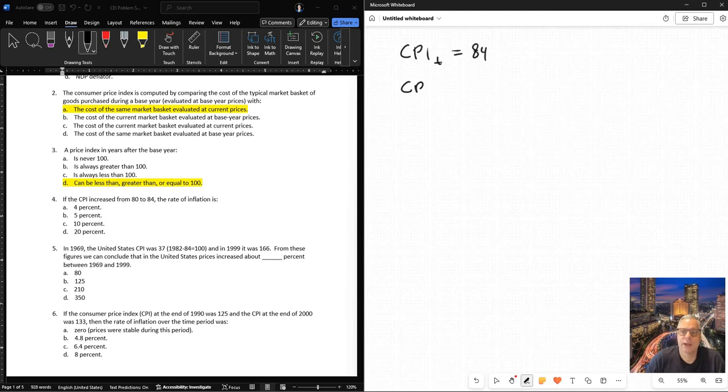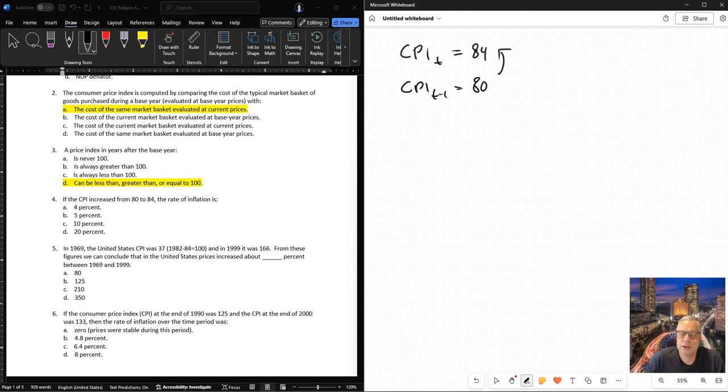And yesterday or last year, T minus 1, it was 80. Okay, so there's obviously an increase in the price index. So there was inflation, so how much inflation was there?